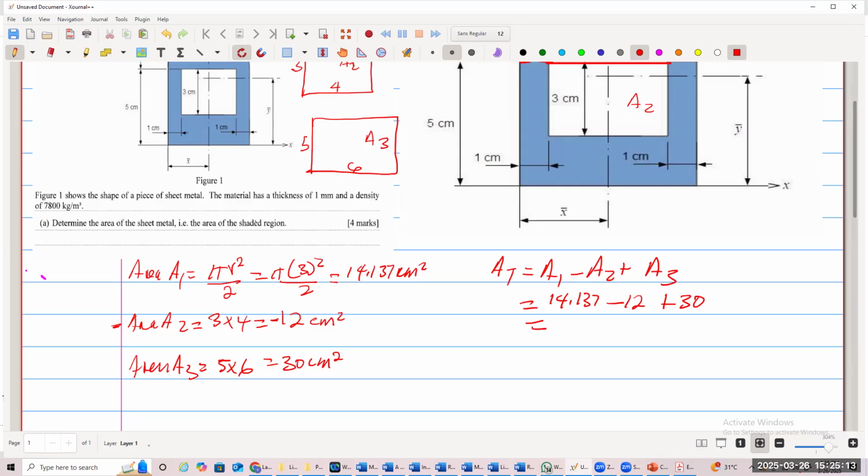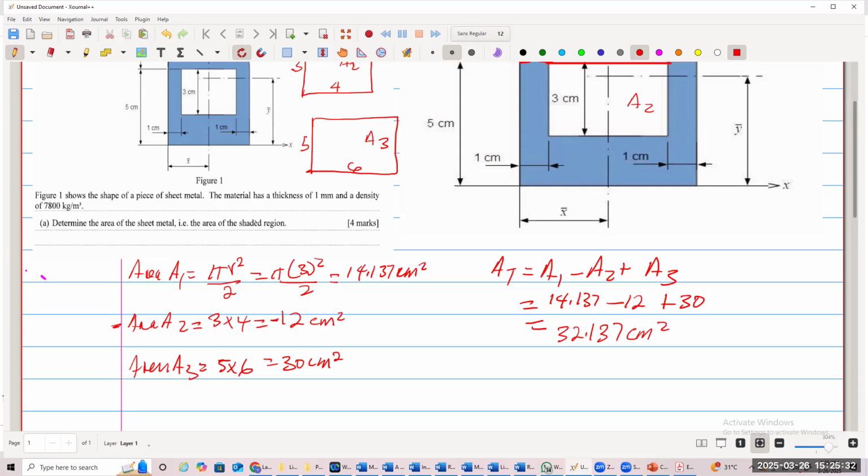Give me the answer for that now, please. 32.137 centimeters squared.